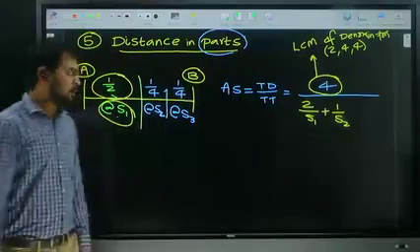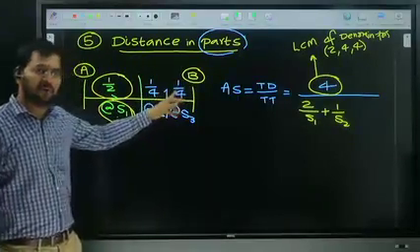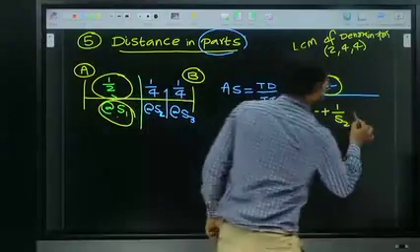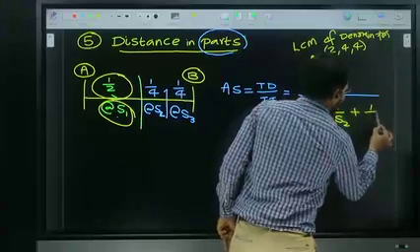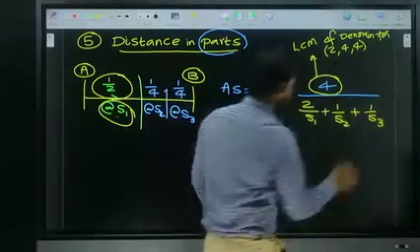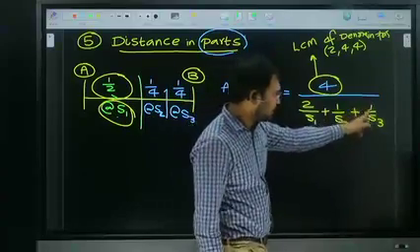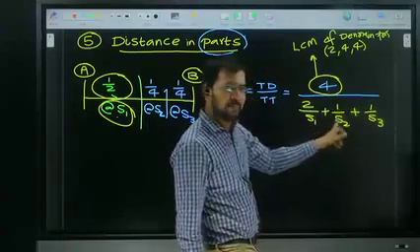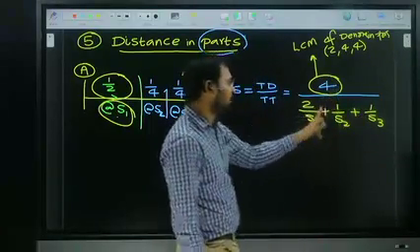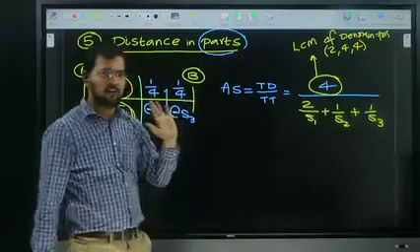The rest of the distance is again 1/4 of 4, which is 1, at the rate of s3. Distance by speed is time. Time plus time plus time is the total time. Total distance by total time is the average speed.